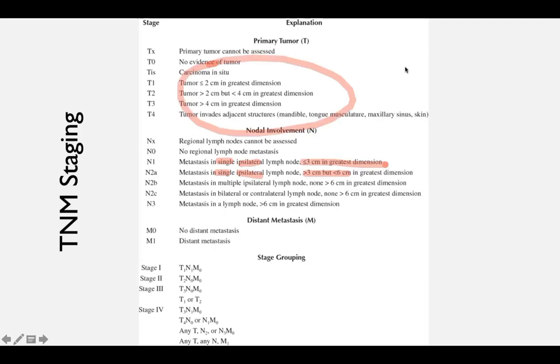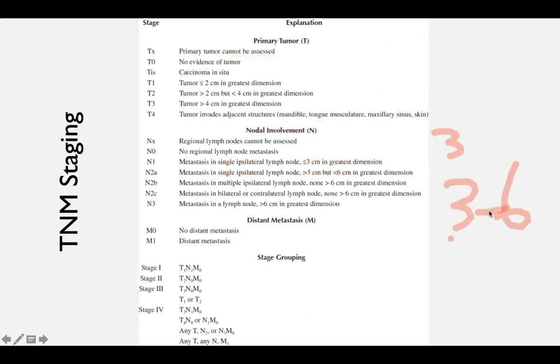Like here it was 2 to 4 and more than 4, here it is 3 to 6 and more than 6. So N1 is single ipsilateral and 2A is single ipsilateral. The size is different: less than 3 centimeter is N1, and more than 3 to less than 6 centimeter is 2A.